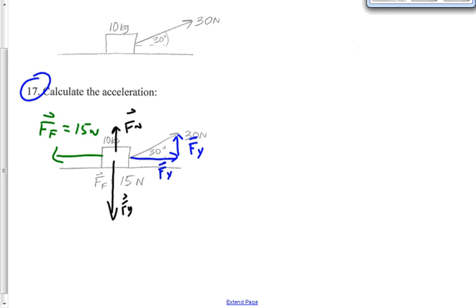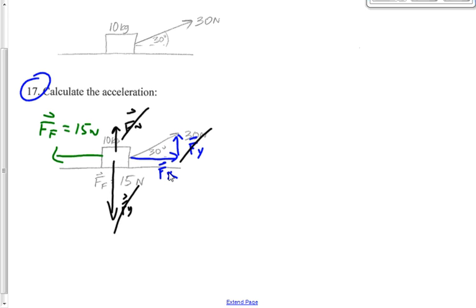The x component has got to stay. The y component disappears along with the normal force and the force of gravity. Force of gravity acting down balances out the force acting up, the normal force and the y component. That leaves me with two forces: the force of friction acting to the left and the x component of the applied force acting to the right.